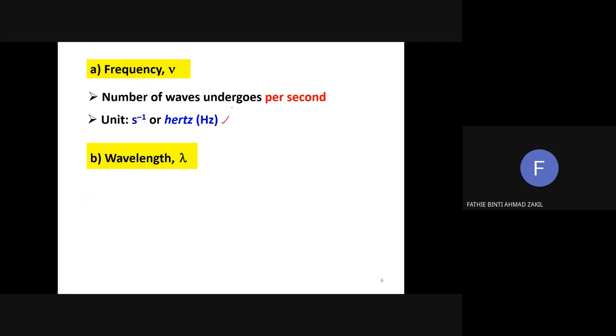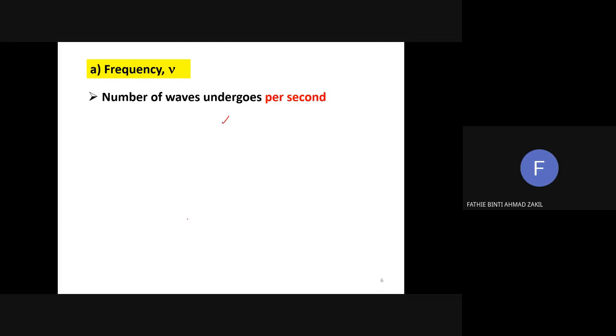Okay. So kita kena tahu apa itu frekuensi. Frekuensi is number of waves undergoes per second. Dia punya unit adalah s to the power of -1 ataupun Hertz. Next kita ada wavelength. Wavelength ni adalah distance between identical points on successive waves.